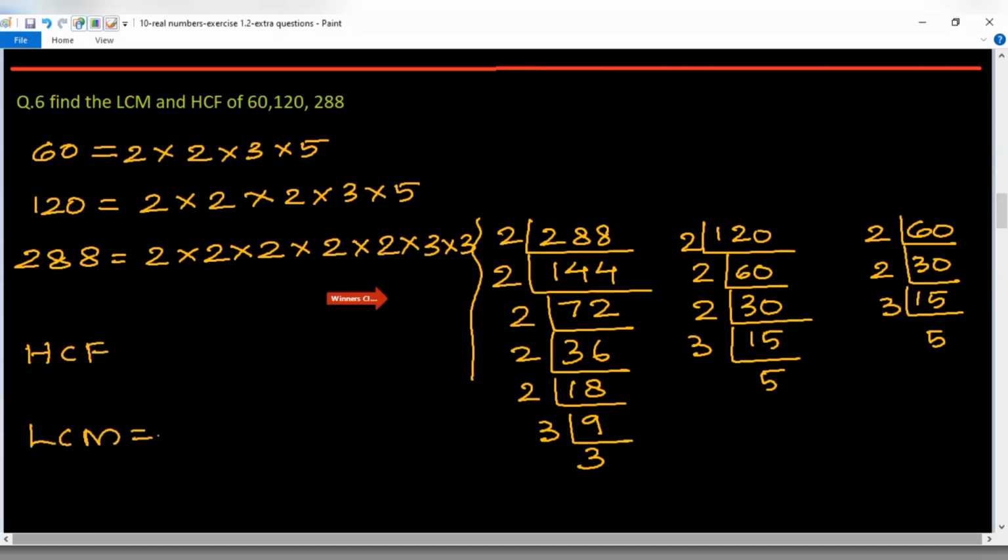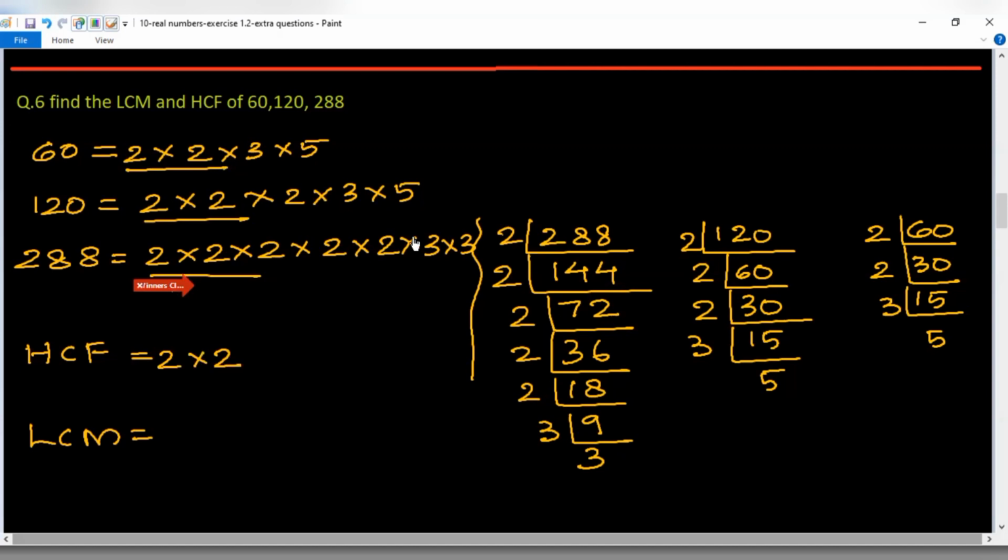Okay. HCF, highest common factor. See, it is obvious that 2 is there for all the three numbers. 2 comes 2 times here, here it is 3 times and here it is 5 times. So the highest common factor means 2 comes 2 times everywhere. So we can take 2 times.